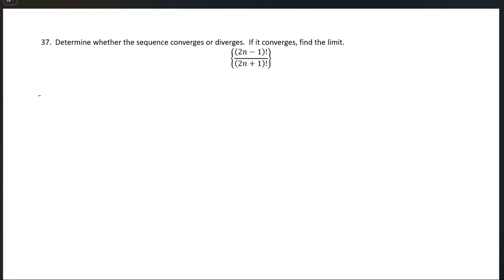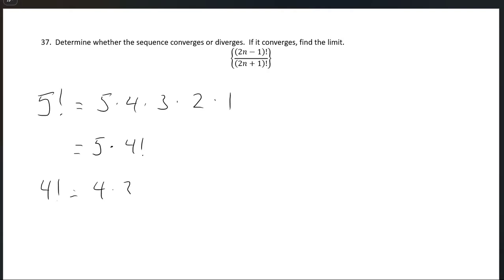Well, what is 5 factorial expanded out? For example, this is 5 times 4 times 3 times 2 times 1. Wouldn't you agree that 5 factorial is also the same as 5 times 4 factorial? Because 4 factorial is 4 times 3 times 2 times 1. That's right here.